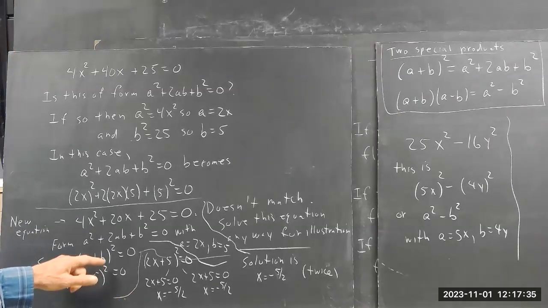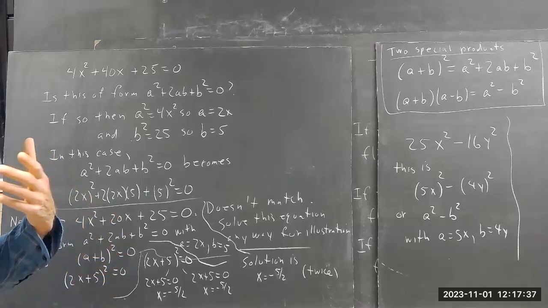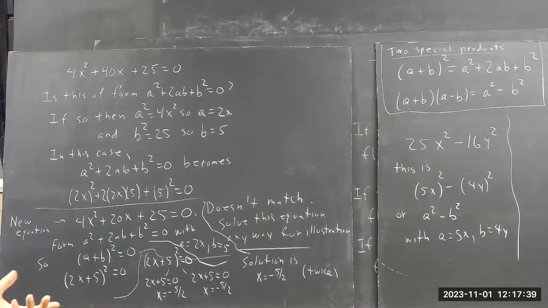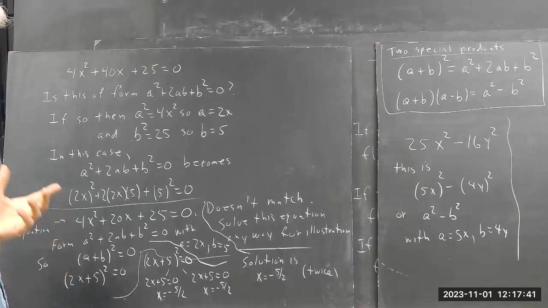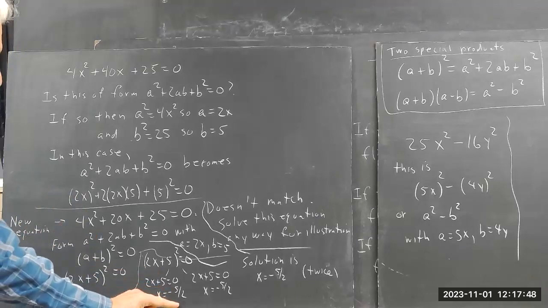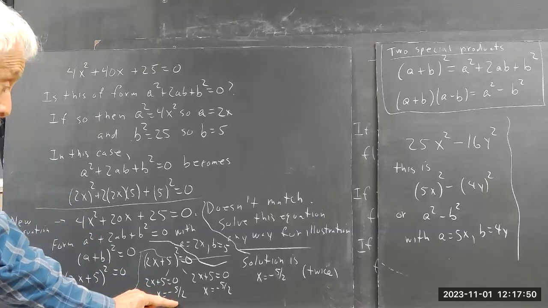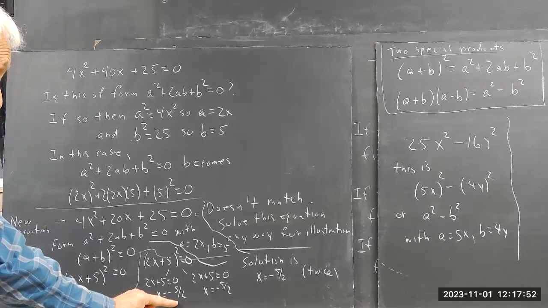The equation 2x plus 5 squared equals 0 is solved as long as 2x plus 5 equals 0. And for the purposes of this course, unless OpenMath asks you something differently, just negative 5 halves is a perfectly good solution. Okay.